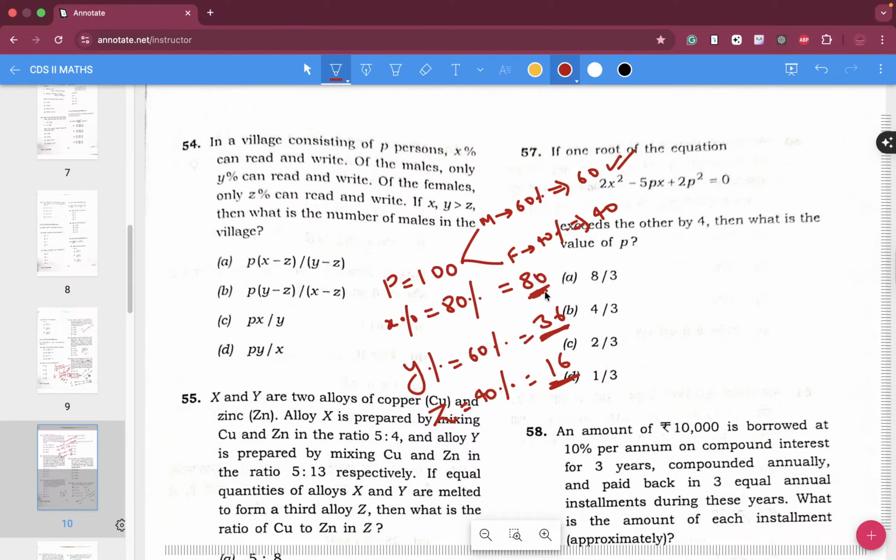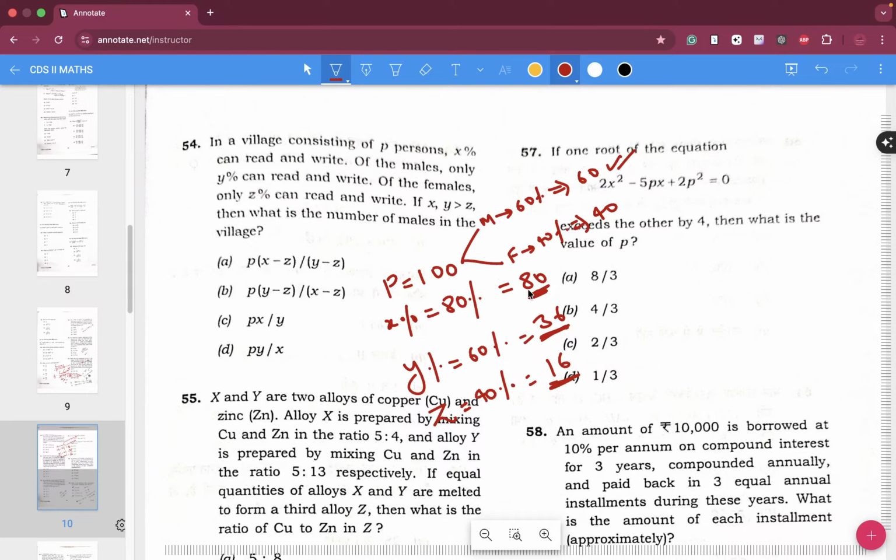And over here 80. Now you will realize that this number has gone for a toss, because the total number of literate people is 80. So we need to have 80 over there.